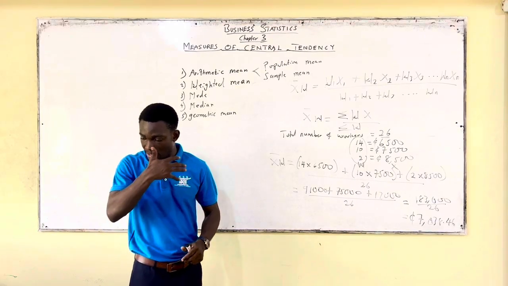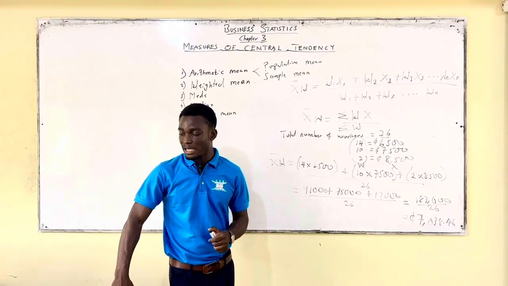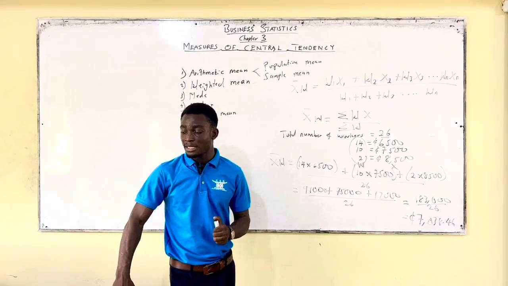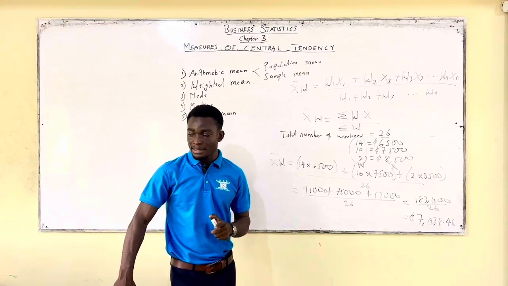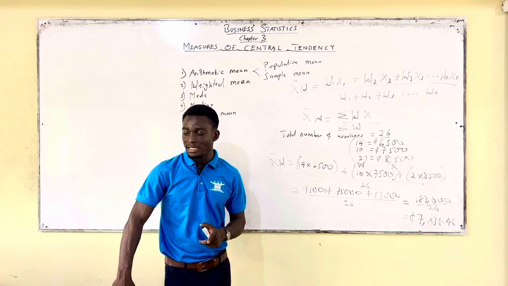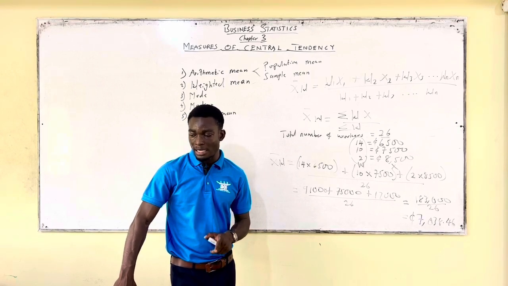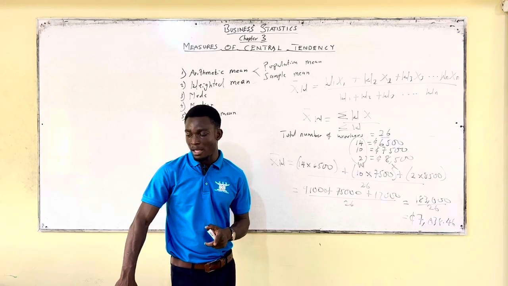Right, so we have a question here. If you don't have the slides, you can write. In a company having 80 employees, 60 earn $10 per hour and 20 earn $13 per hour. A, determine the mean earning per hour.